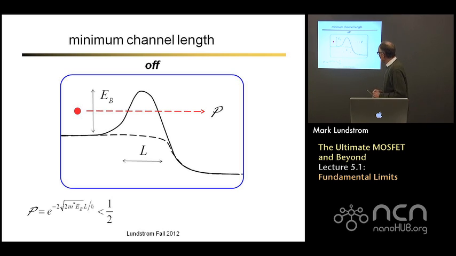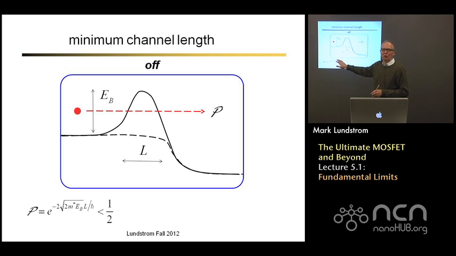This is, we can take a very simple treatment of quantum mechanical tunneling using something called a WKB approximation. That if you've had a basic quantum mechanics course, it's one of the first things you discuss. And we can estimate what that probability will be, and it goes exponentially.